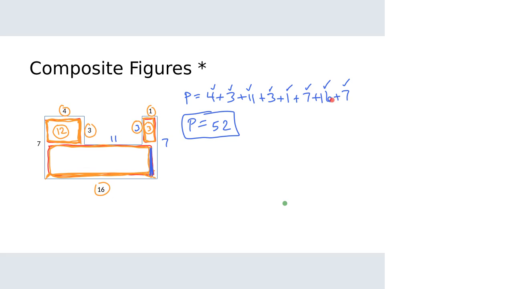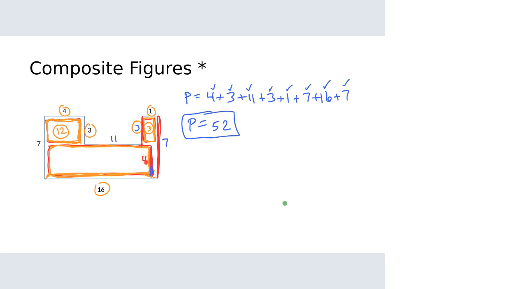Since it's 7 all the way from bottom to top, and it's 3 here, then this piece must be 4. Basically, I'm just looking at the vertical lines when I'm doing that. Anytime I'm doing addition or subtraction like that, I'm looking at the vertical lines or the horizontal lines, depending on what it is that I need to find.